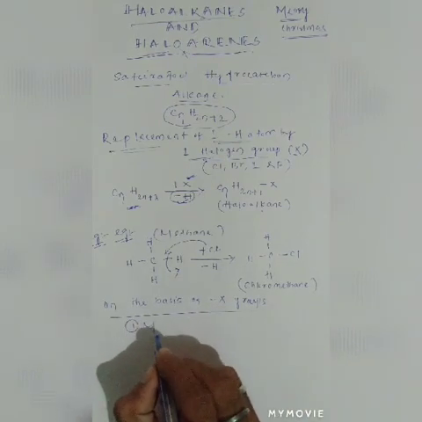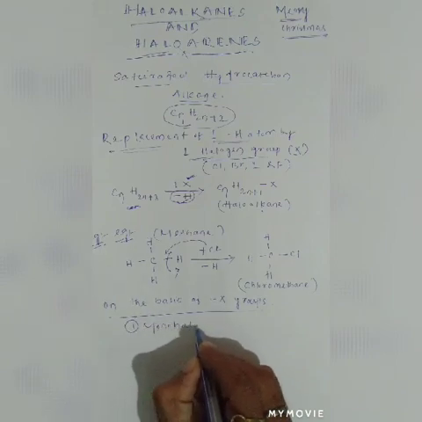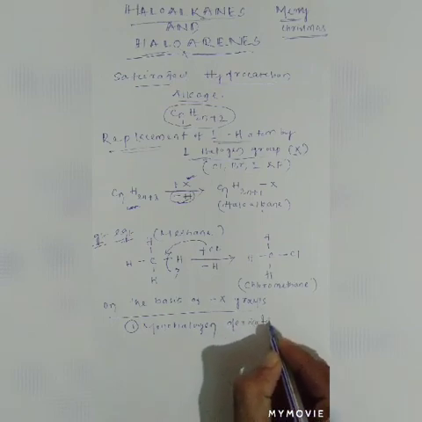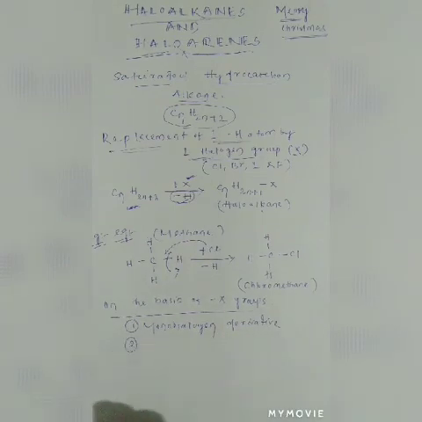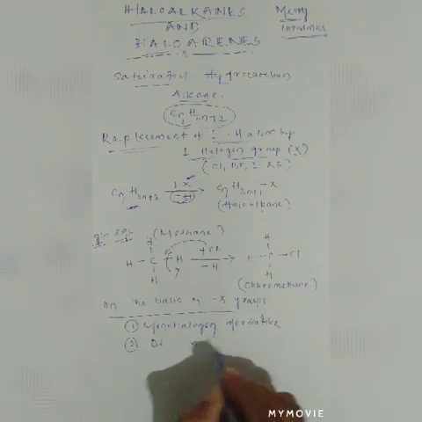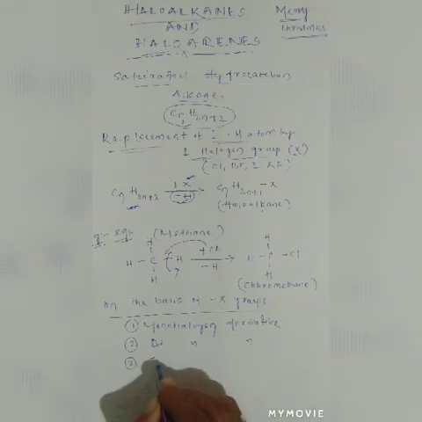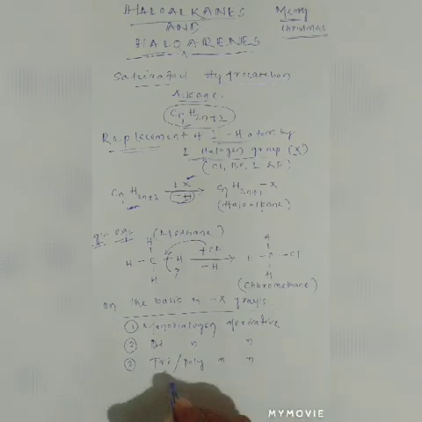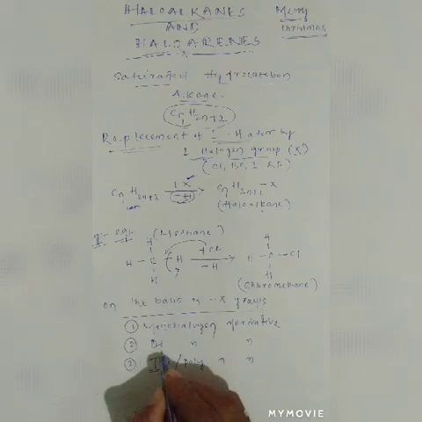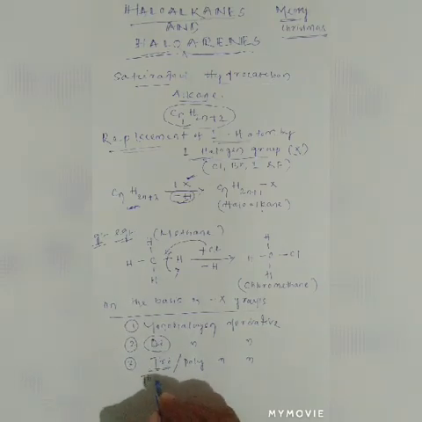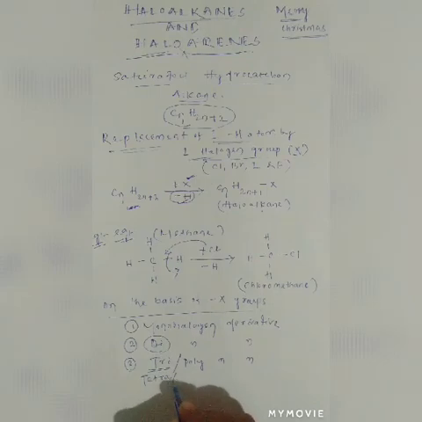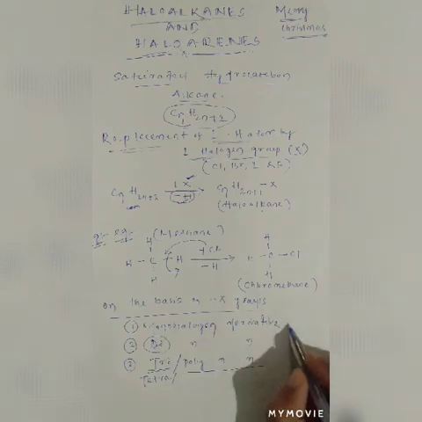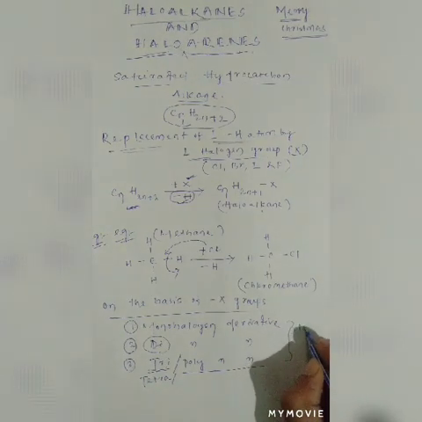Number one is monohalogen derivatives, the second one is dihalogen derivatives, and the third one is trihalogen or polyhalogen derivatives. More than di, trihalogen, tetrahalogen, these are included under polyhalogen derivatives.